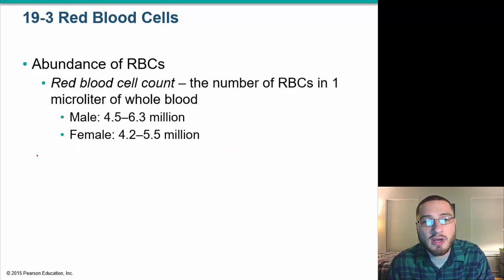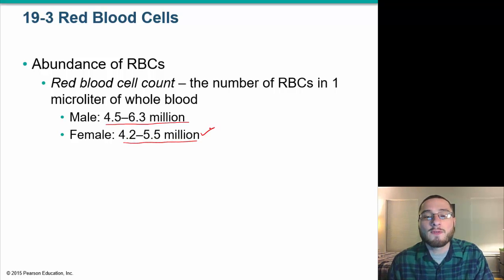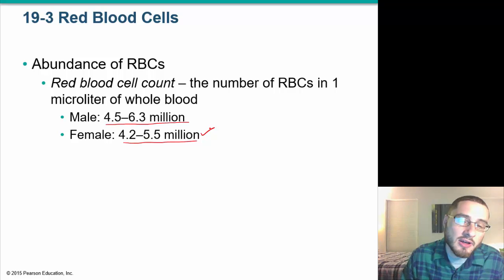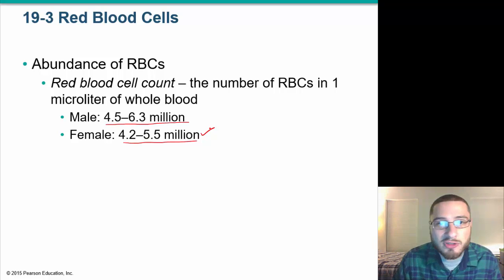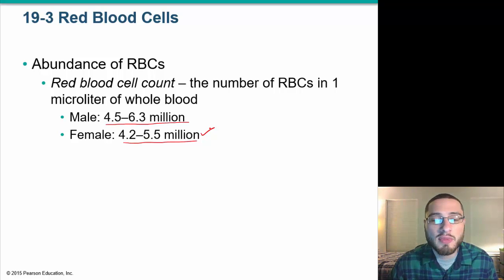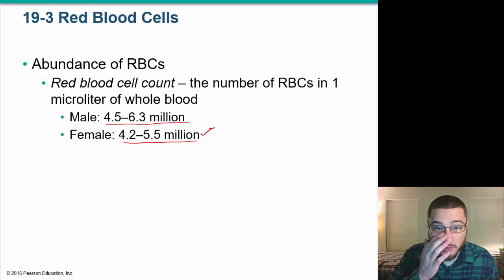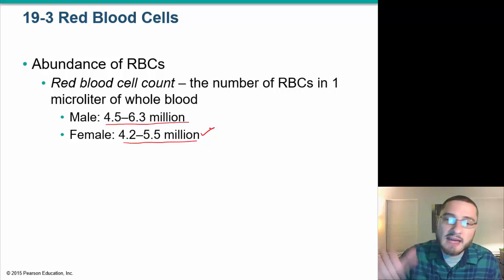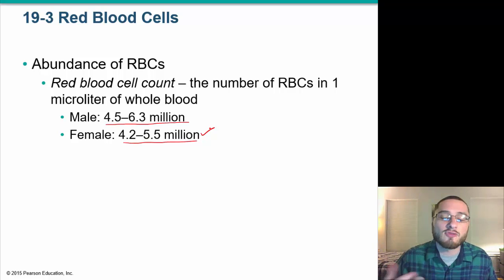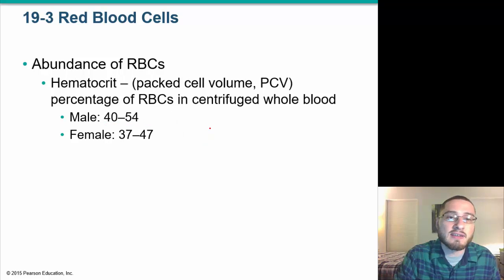Males have about 4.5 to 6.3 million red blood cells. Females have a little bit less. You see that with females, they have a scheduled hemorrhage every month. They are going to menstruate every month, and it's going to bring down their red blood cell count, whereas males are going to have a more even keel in the amount of red blood cells in their body at any given time.